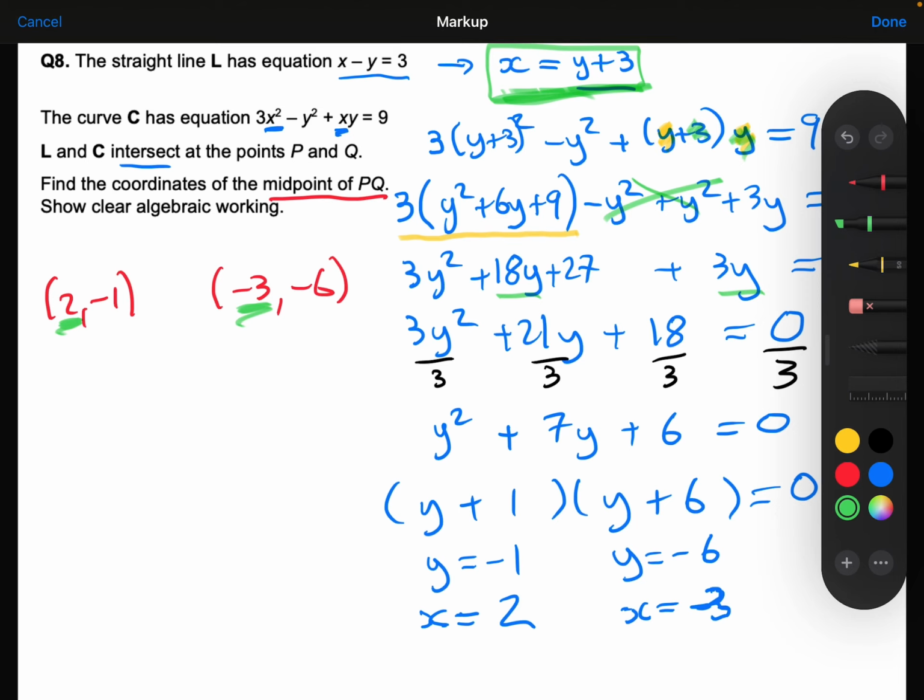So 2 plus minus 3 is minus 1, and then half it. So what we're saying here is that minus 1/2 is in the middle of 2 and minus 3.